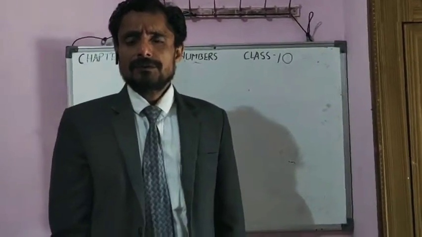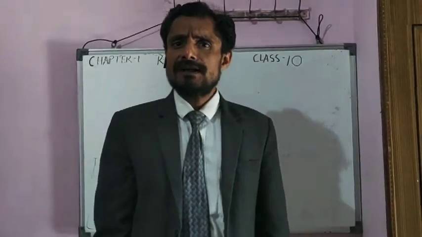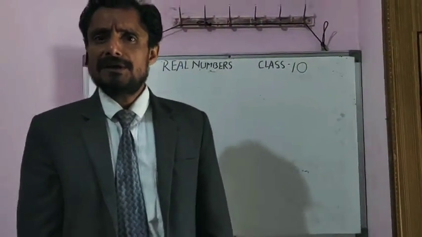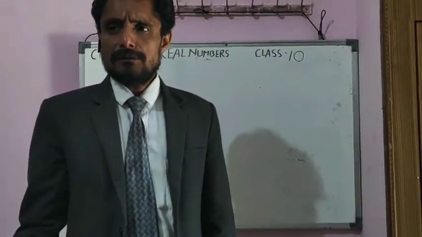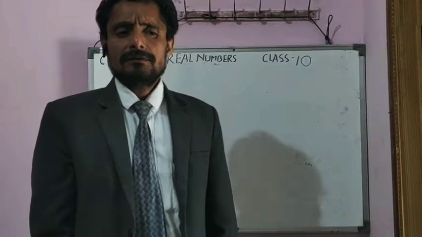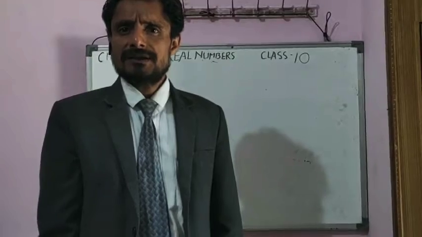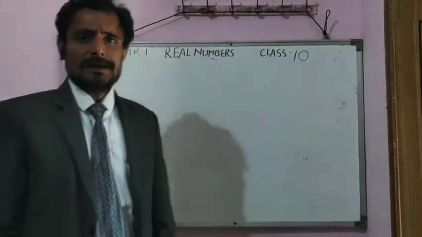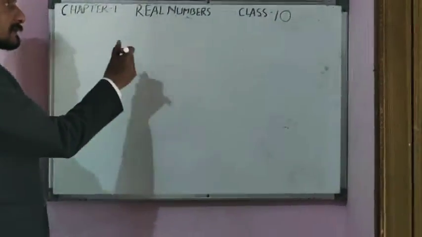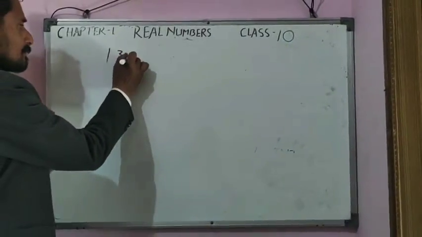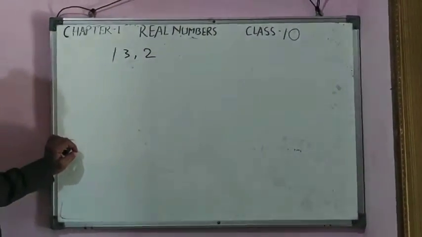We can understand the Euclid division algorithm by using some examples based on the formula: dividend equals divisor into quotient plus remainder. So I express two numbers, 13 and 2, in front of you.